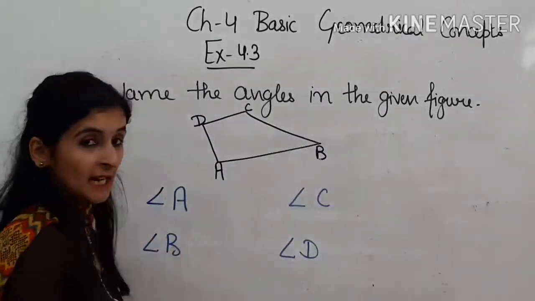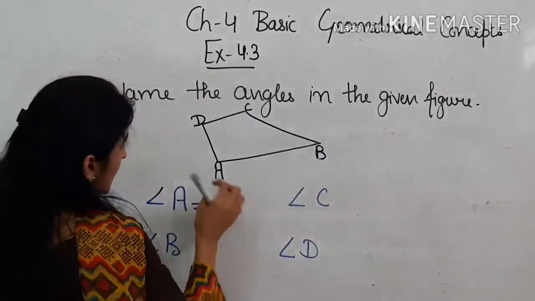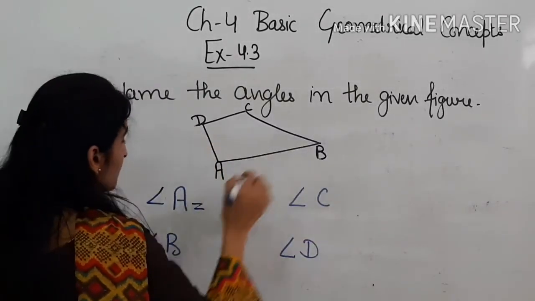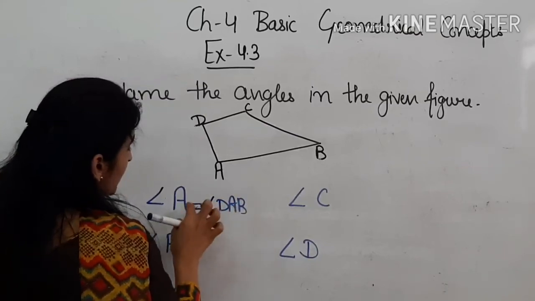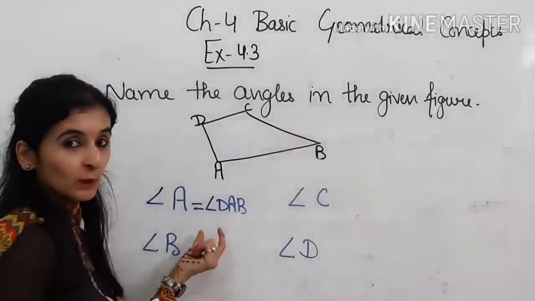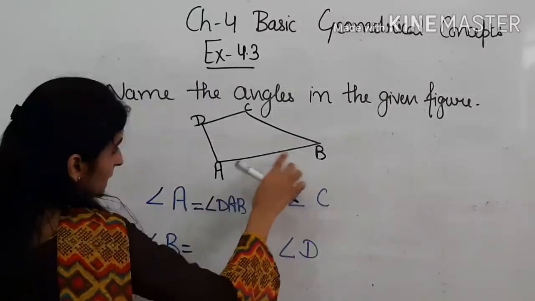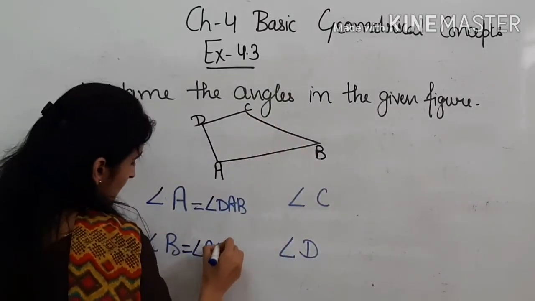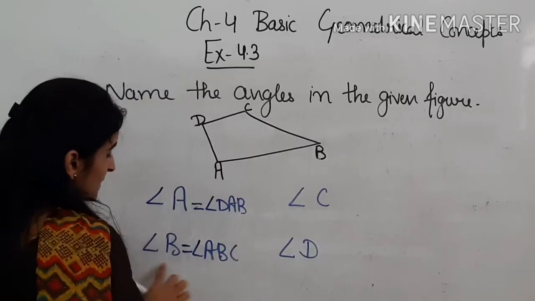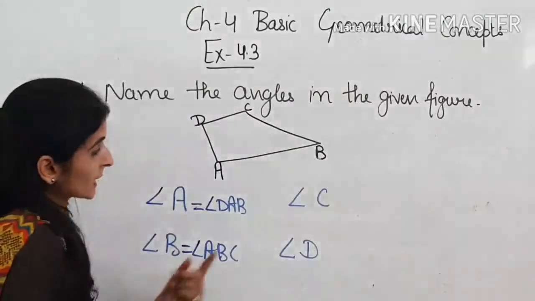Another method to write these angles is angle DAB. So this is also equal to angle A. Then angle ABC. Angle ABC is equal to angle B.